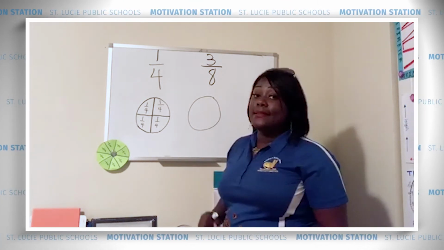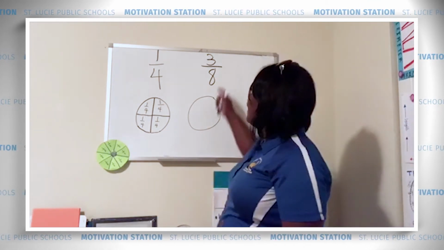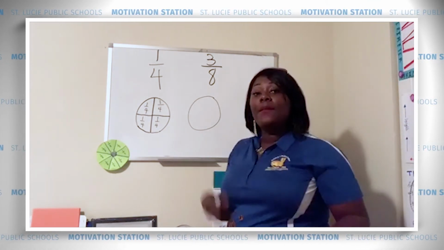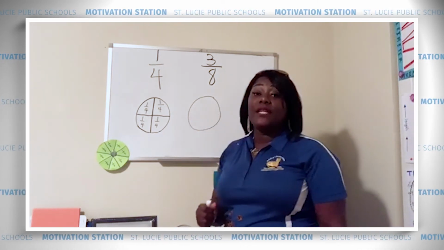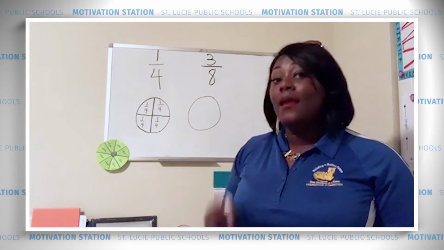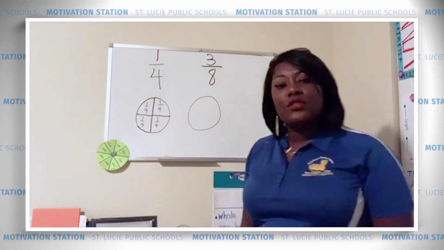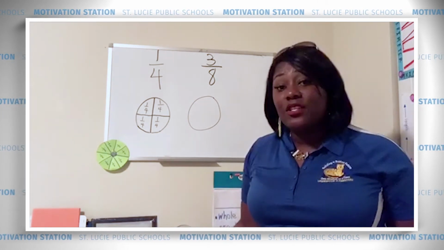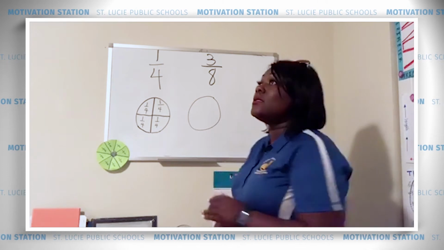Well, when I look at the denominator in that fraction, there's no 4 there. In fact, there's an 8 here. So how many equal-sized parts do I need to cut this whole circle into? 8 equal-sized parts. How do I take a whole circle and partition it into 8 equal-sized parts?